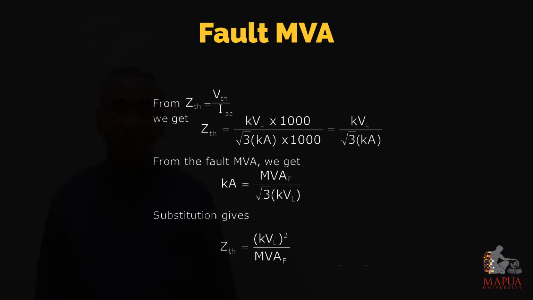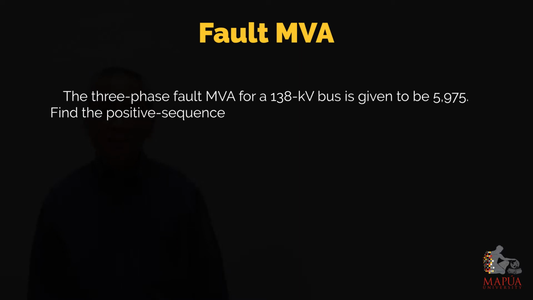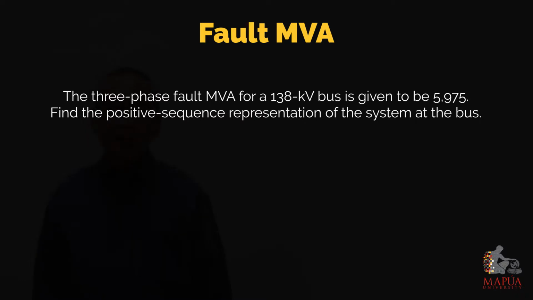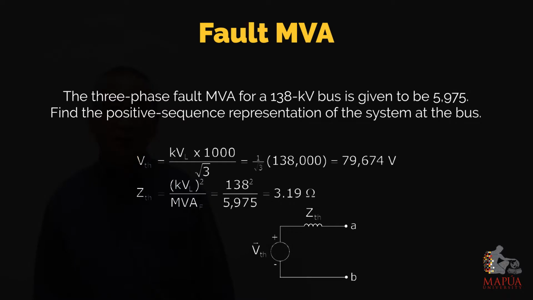Now, to give an example about this fault MVA, we have here a three-phase fault at a 138 kV bus with a fault MVA of 5975. Find the positive sequence representation of the system at the bus. First, we need to calculate the Thevenin voltage, which is the nominal line-to-line voltage times 1000 divided by the square root of 3.